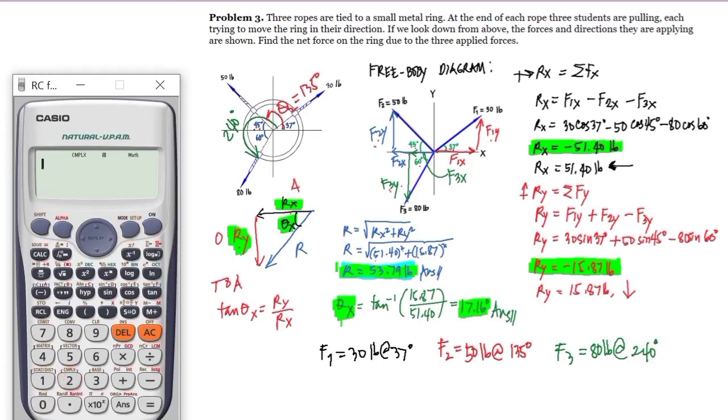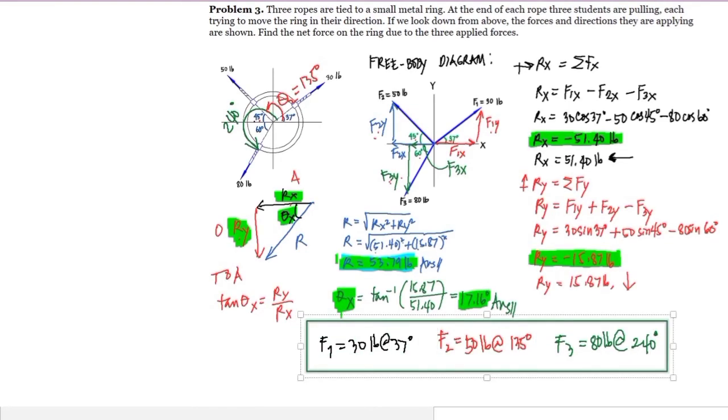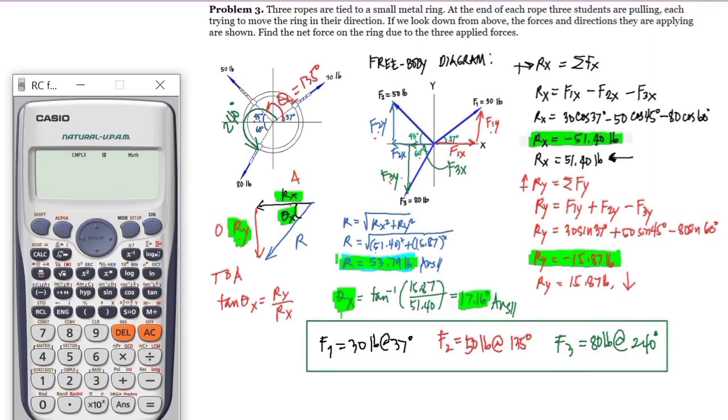So, bring natin sa complex mode. And then, ang kailangan nating information ay ito at i-input natin sa calculator. 30 angle 37 degrees plus 50 angle 135 degrees plus 80 pounds with the direction of 240 degrees.